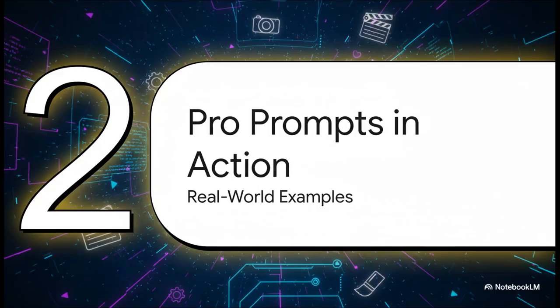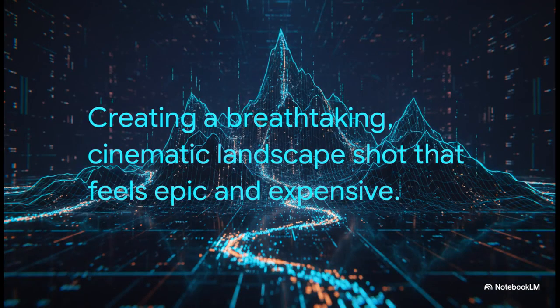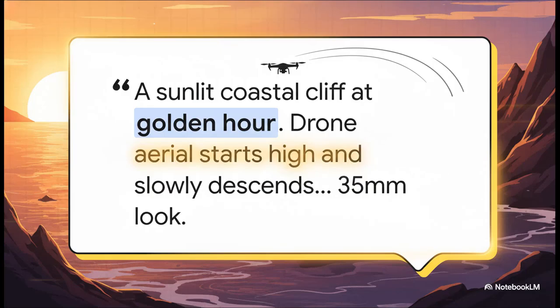All right, enough theory. Let's see how this formula actually works in the real world. We're going to break down 3 pro-level prompts that you can literally copy, adapt, and use right away. First up, let's go big. We're going to create one of those breathtaking, jaw-dropping cinematic landscape shots. Something that feels absolutely epic and expensive. Okay, check this prompt out. A sunlit coastal cliff at golden hour.